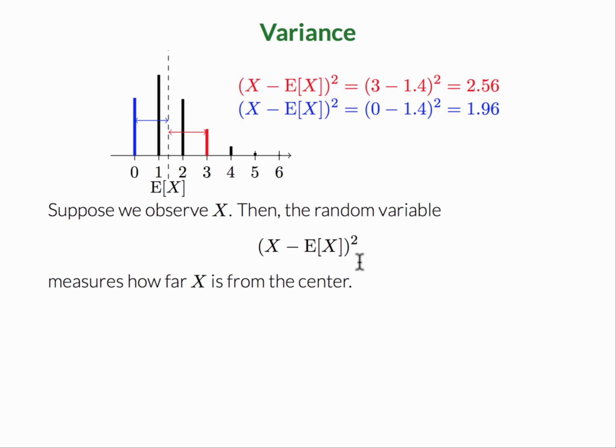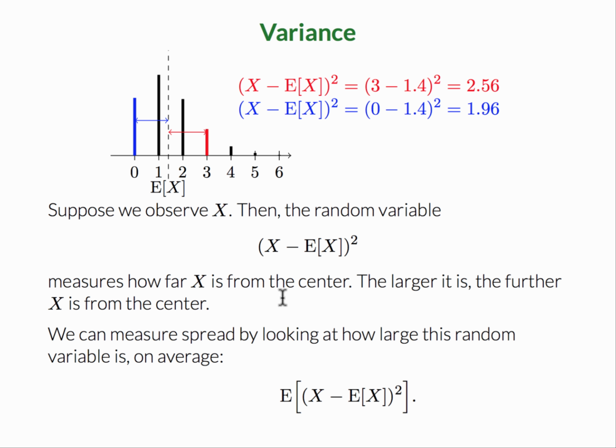In general, the larger the squared deviation is, the further x is from the center. And because we don't know in advance what x will be, this squared deviation is a random variable. Now, how can we use this random variable to obtain a single number summary of how spread out this distribution is?